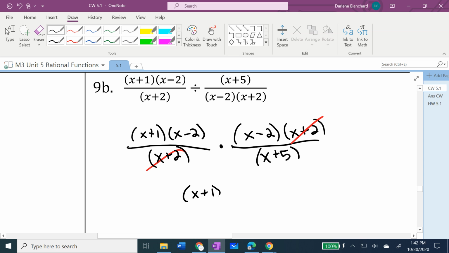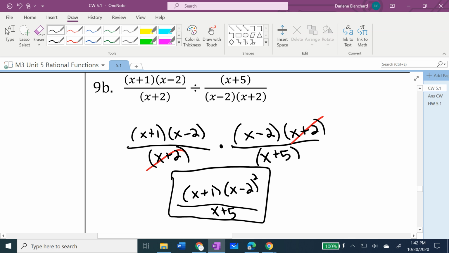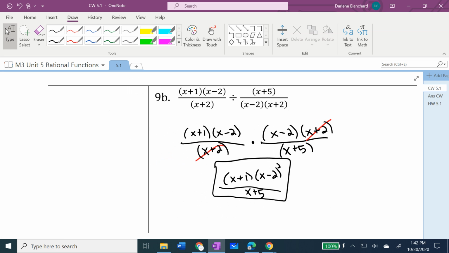Now, do you see where this is going in the future, though? You are going to need to do your own factoring to see what cancels. But right now, it's given to you in factored form to just see that part of the process.